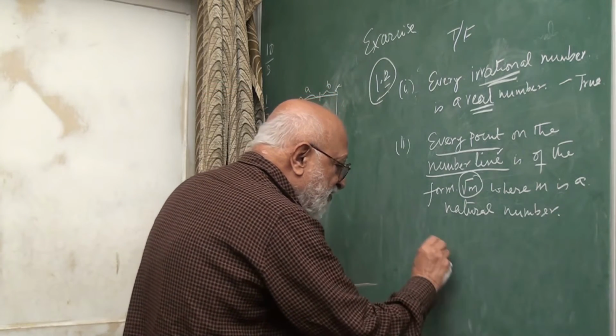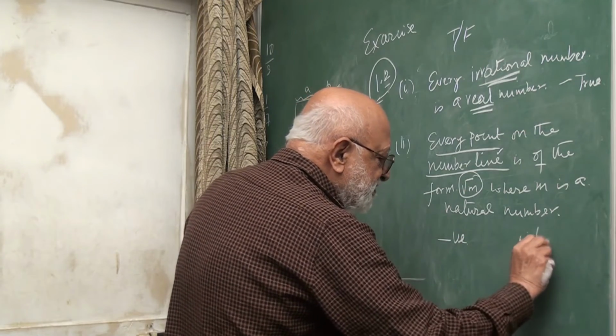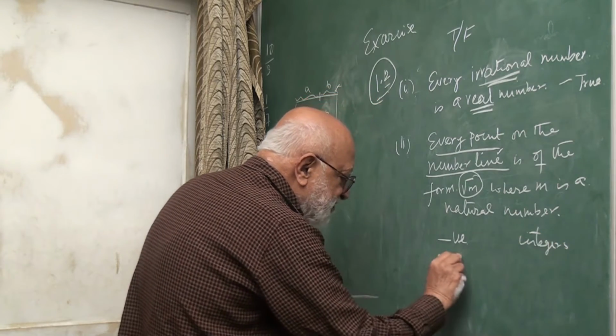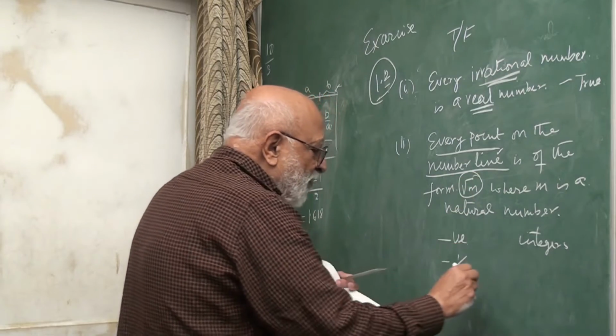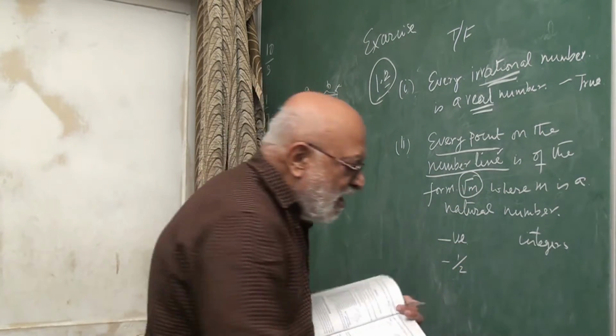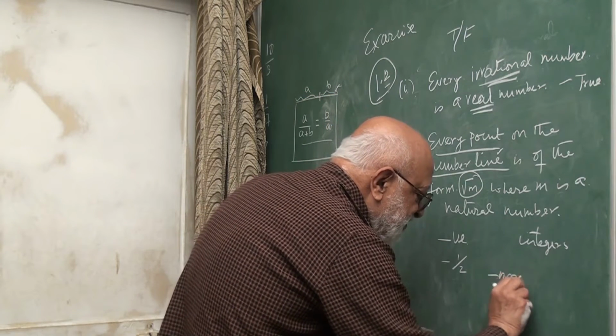That means you have negative numbers, which convert into integers. You have fractions, 1.5. So root m, this is not possible. We have not considered negative numbers.